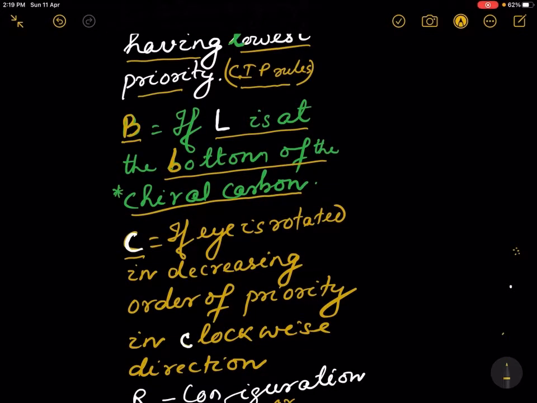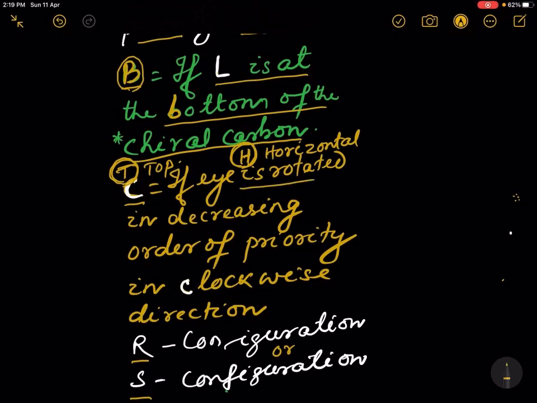If it is at the top, then T is there. If it is in the horizontal line, H is there. If L is at the bottom, we'll write B. If L is at the top, we'll write T. If L is on the horizontal line, we'll write H. H means horizontal line. T means at the top.